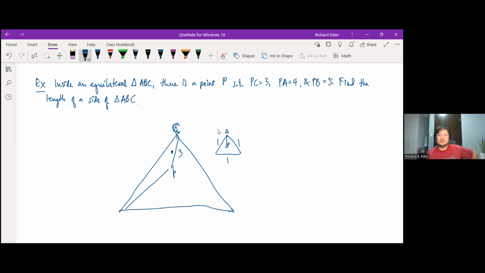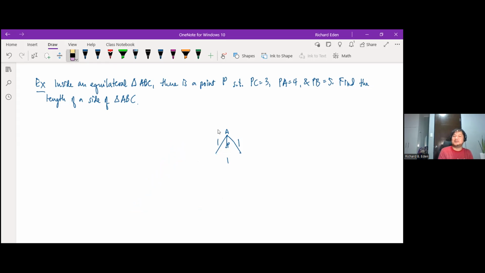If P is too close, less than 3 from all of the vertices, that's impossible. I don't know, maybe you're right, I just can't find a counter example. But at any rate, what we see here is that the size of the triangle has to be just right.